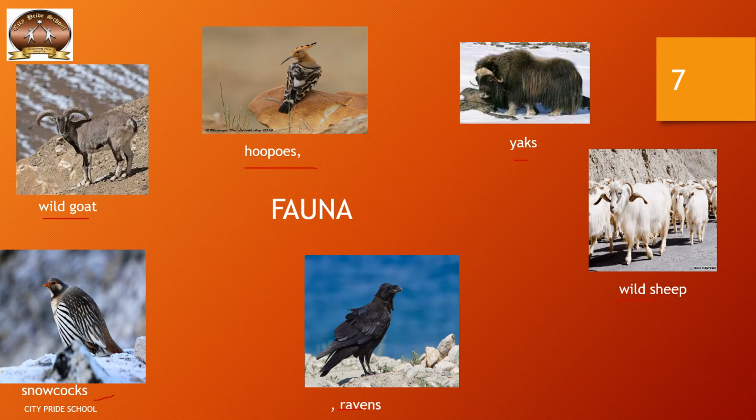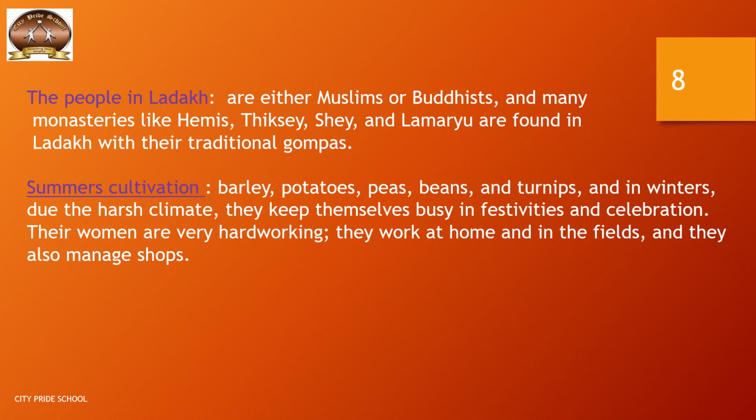Now let us see how the people live here. The people in Ladakh are either Muslims or Buddhists, and many monasteries like Hemis, Thiksey, She, Lamayuru are found in Ladakh with traditional gompas.